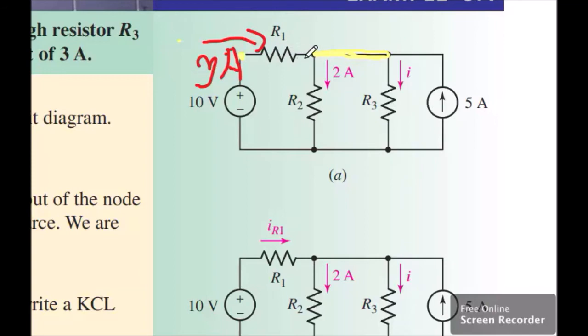Remember, for this node, ilang elements nakakonect? 1, 2, 3, 4. For this node, 1, 2, 3, 4. Yung mga elements na nakakonect sa kanila, the same. So, equal yan sila. And this one is also one node. Okay? So, for this circuit, officially, we have 3 nodes. Alright? So, let me just delete it.